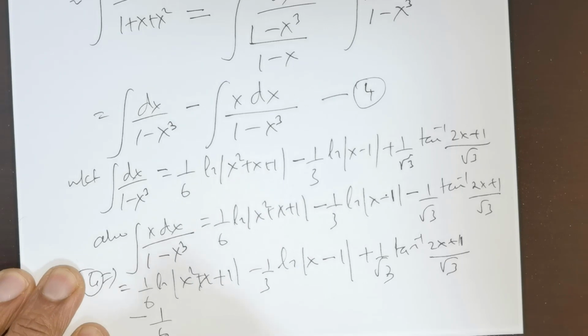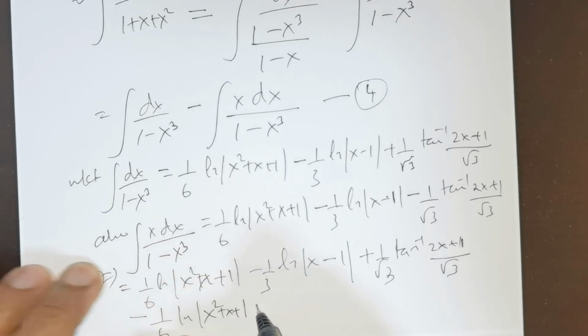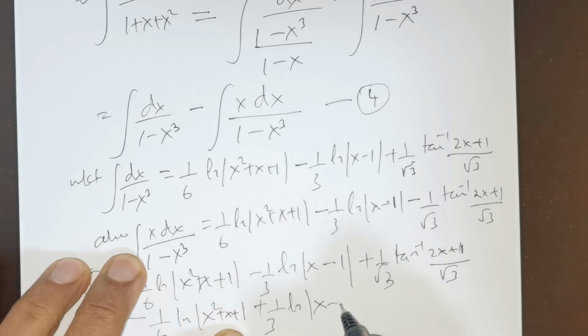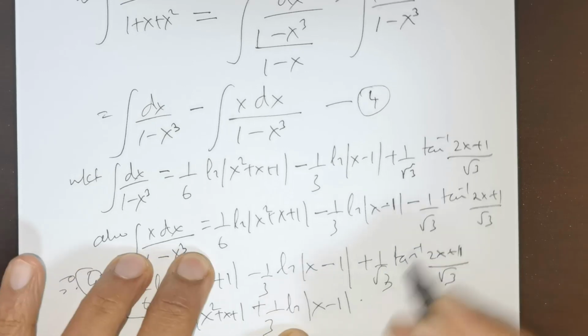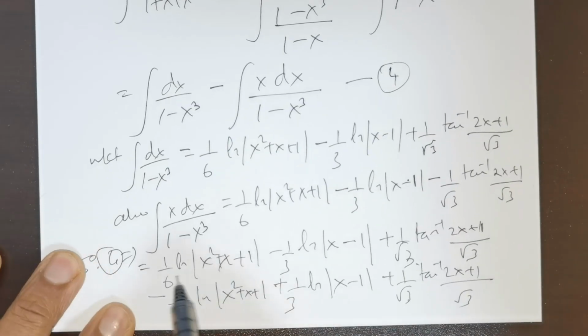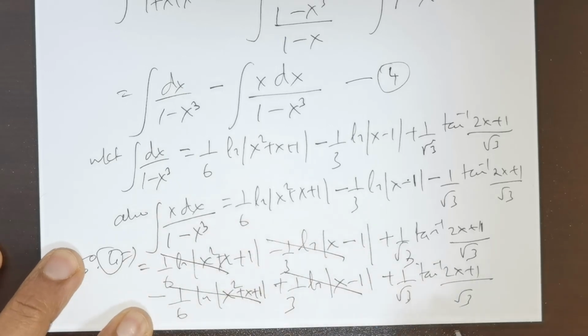So it's going to be negative 1 over 6 ln modulus x squared + x + 1, negative negative, positive 1 over 3 ln modulus x − 1, negative negative, positive 1 over root 3 tan inverse of (2x + 1) divided by root 3. Now negative 1 over 6 ln of x squared + x + 1 will get cancelled with 1 over 6 ln of x squared + x + 1.